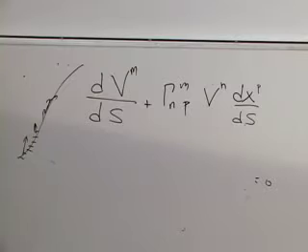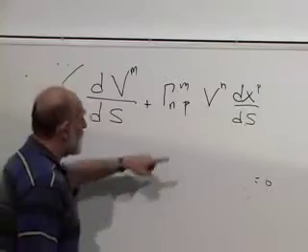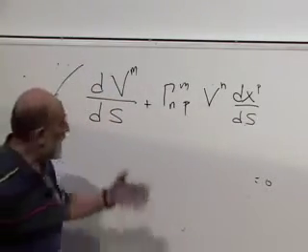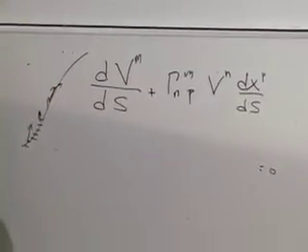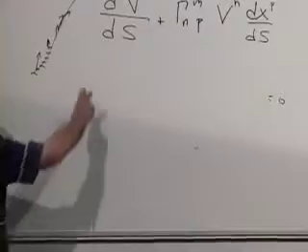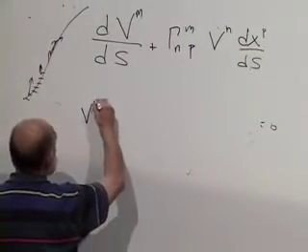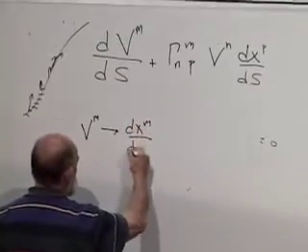Now, I'll just remind you, we defined the geodesic last time by saying this curve is a geodesic if the covariant derivative of the tangent vector is 0. All right? So let's write that down. The condition for a geodesic. V now is going to be replaced by dx m by ds.